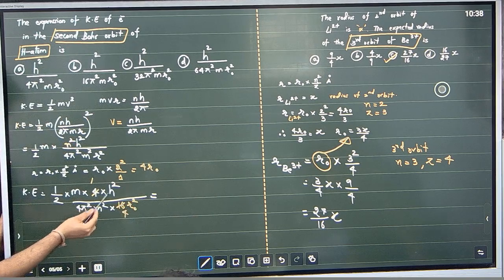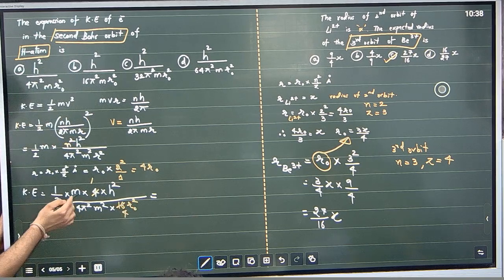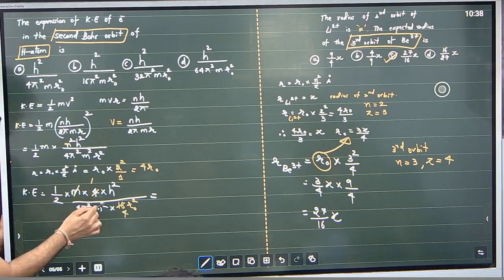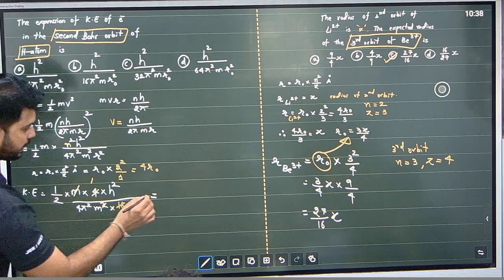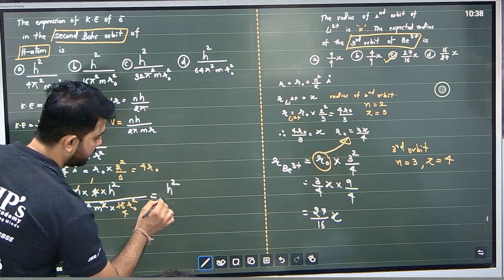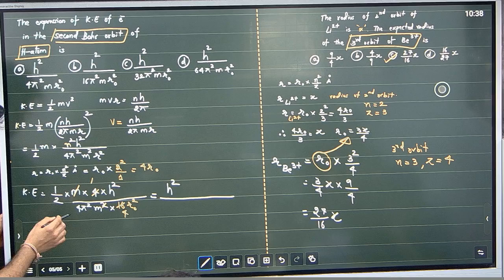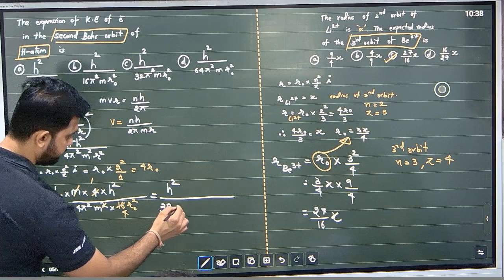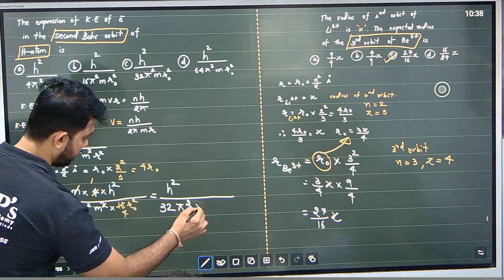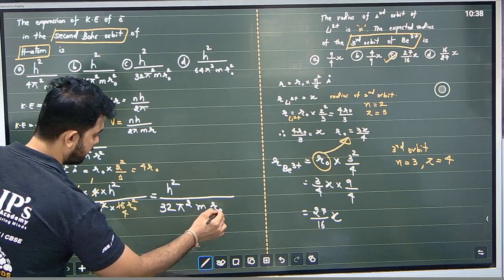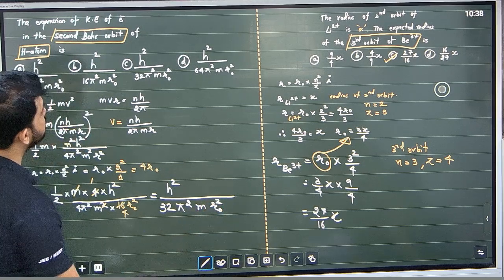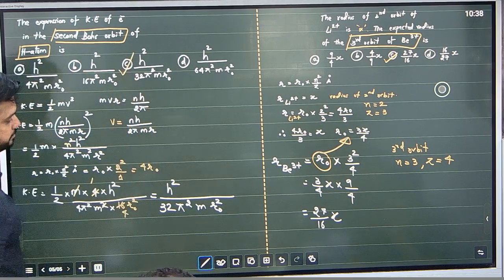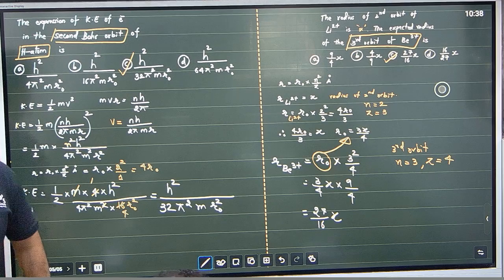Is anything left on top? This m is also cancelling, right? So on top only what is left? h square upon, what do we have? 4 times 4 times 2, which is 32 pi squared m r naught squared. That is option C.